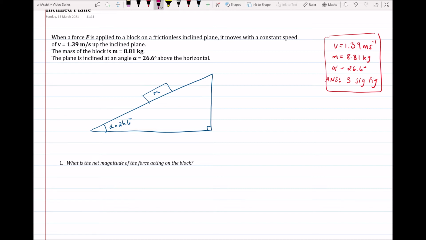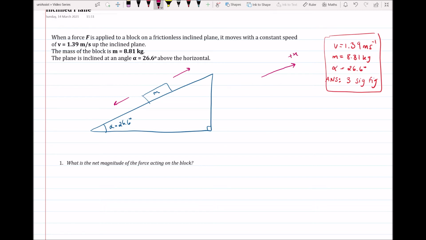So, determining our coordinate system. What I like to do is think about where the motion is. The block is moving in an up and down direction like this. It doesn't move in the y direction because we haven't been told it moves in the y direction. So I like to define my x direction in the direction that the block is moving, so this is going to be my x direction.